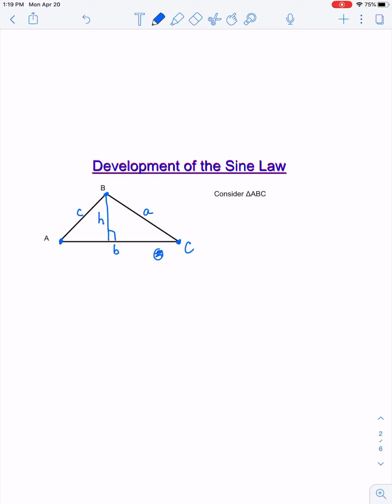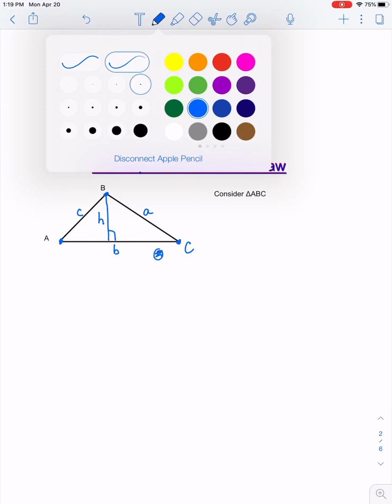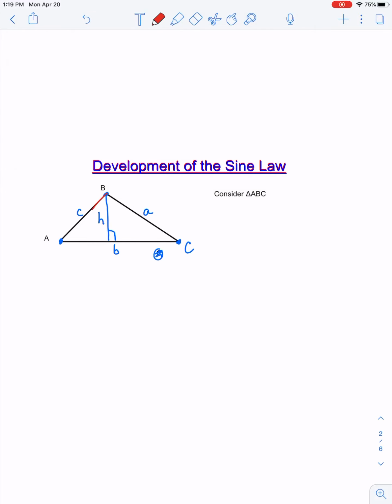So if we take a look at the smaller right-angled triangle on the left, we're looking at angle A, this is the opposite and this is the hypotenuse. So we know that the sine of angle A equals the opposite, which is h, over the hypotenuse, which is c.